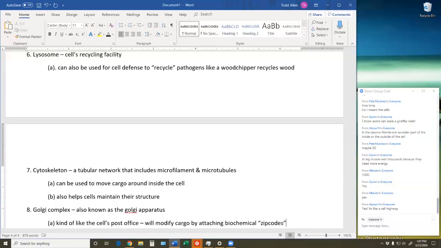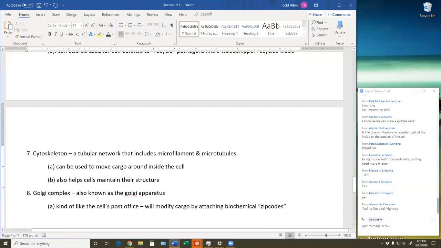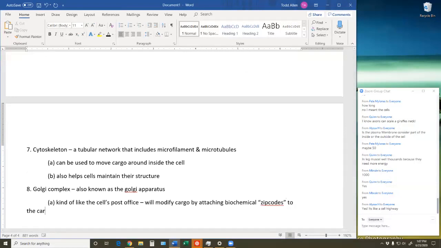And I'm using zip codes very liberally here. Biochemical zip codes to the cargo, so machinery can tell where the cargo should be delivered inside the cell. I mean, that's a fairly simple and neat idea to understand, but obviously the details are very complicated because it's all biochemistry.